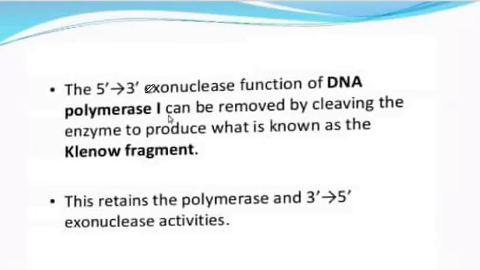The 5' to 3' exonuclease function of DNA polymerase 1 can be removed by cleaving the enzyme to produce what is known as the Klenow fragment, and this retains the polymerase and 3' to 5' exonuclease activity, but it lacks 5' to 3' exonuclease activity.